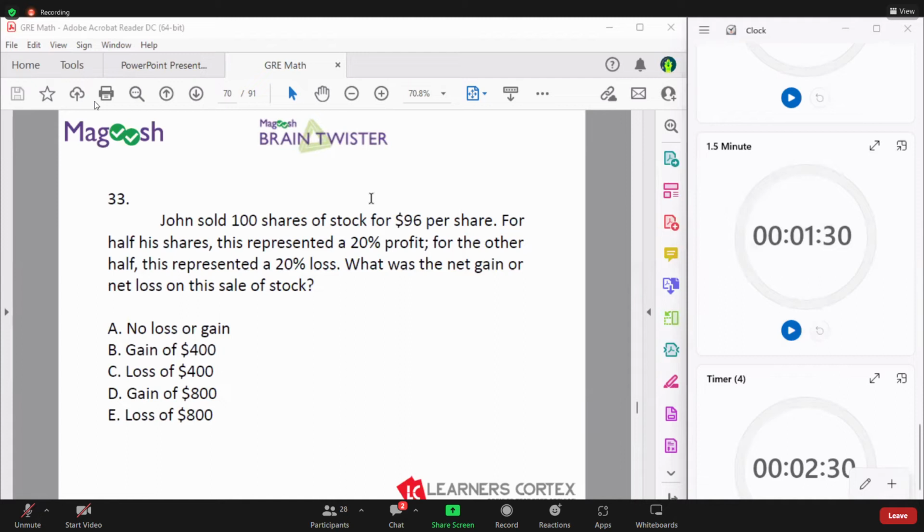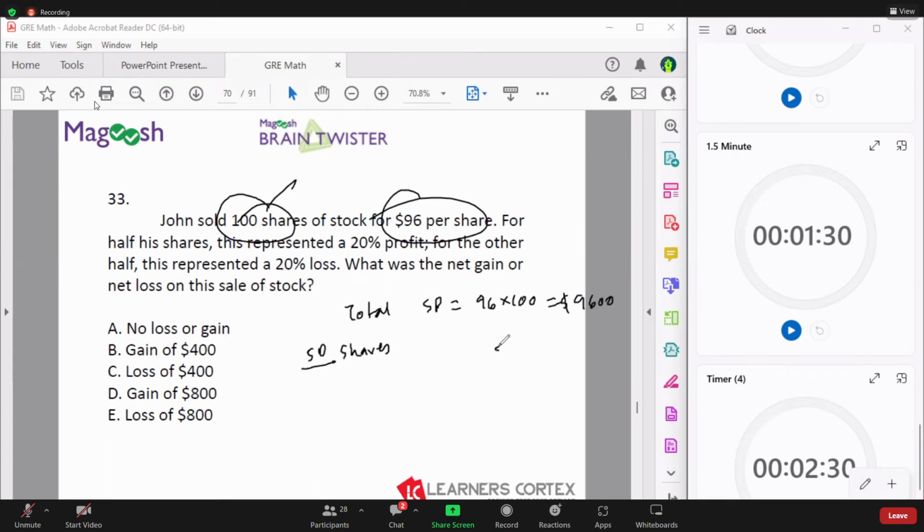It is basically taking out the SP and the CP. Since 100 shares are sold for 96 per share, total SP becomes 96 times 100, or $9,600. Now if there are 100 shares, half will be 50 and the other half would be 50 again.